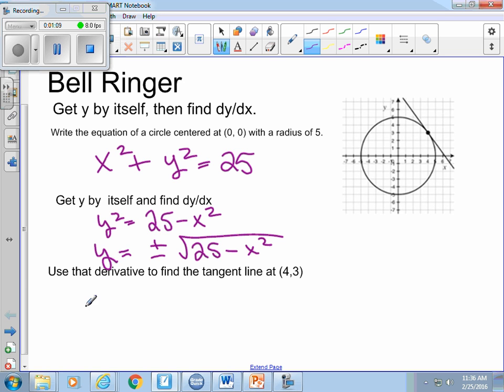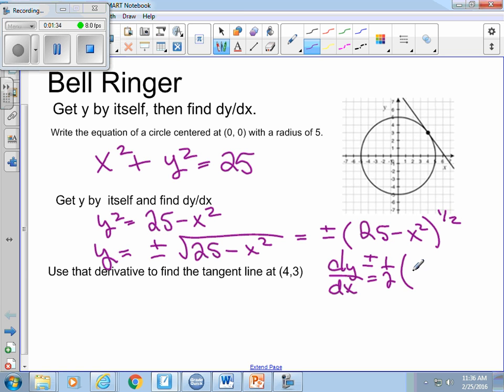Okay, any questions so far? Find the derivative. Good. Rewrite first. So I have 1/2, still plus or minus, 25 minus x squared to the negative 1/2 times negative 2x.